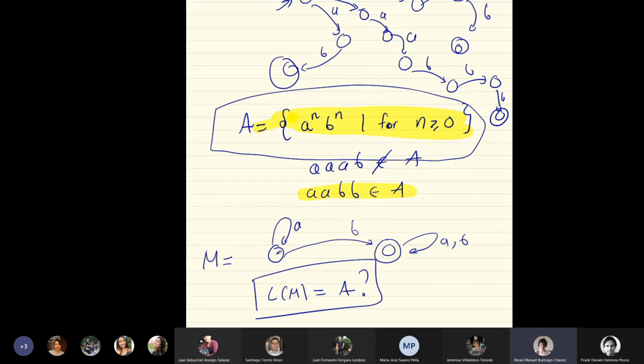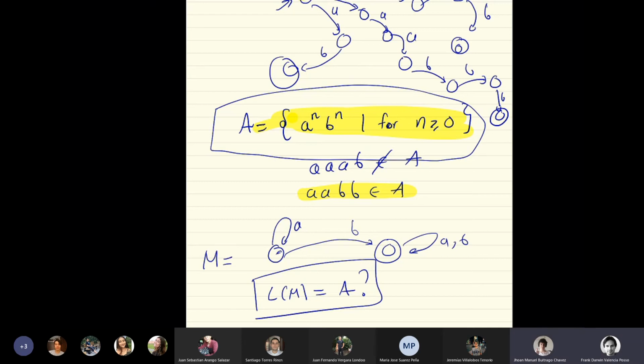Does it mean that every element of A has this property? Exactly. A is the set of all strings of the form A to the n, B to the n. The n is the same for A and B.